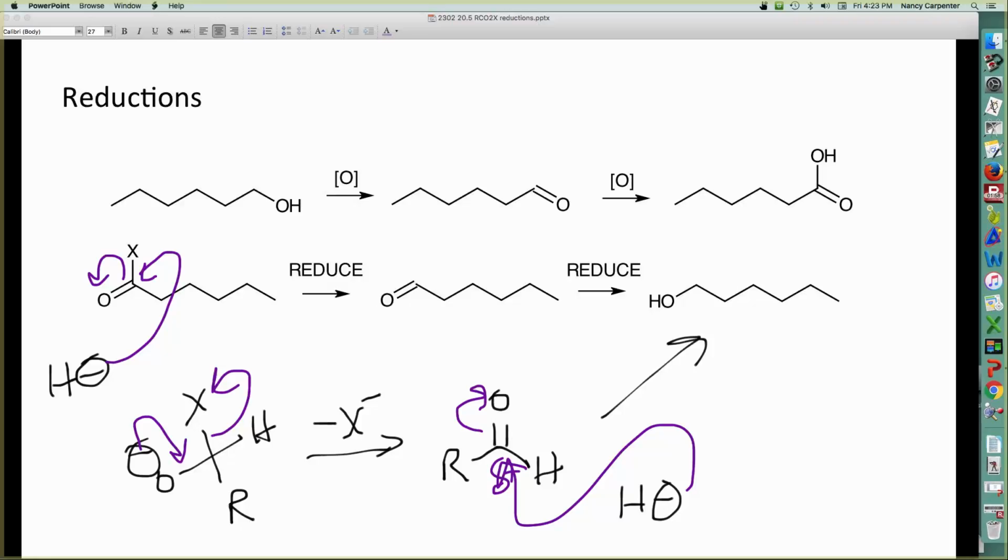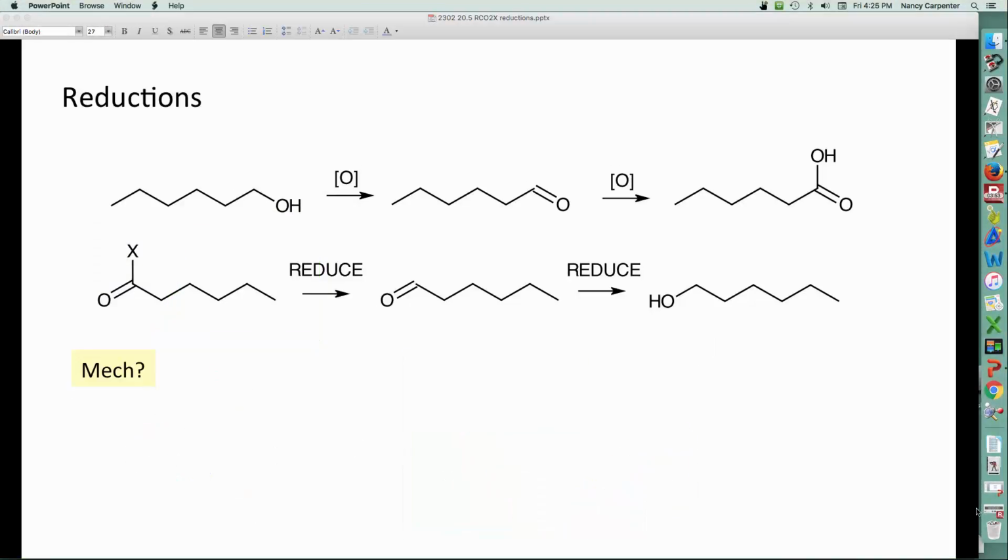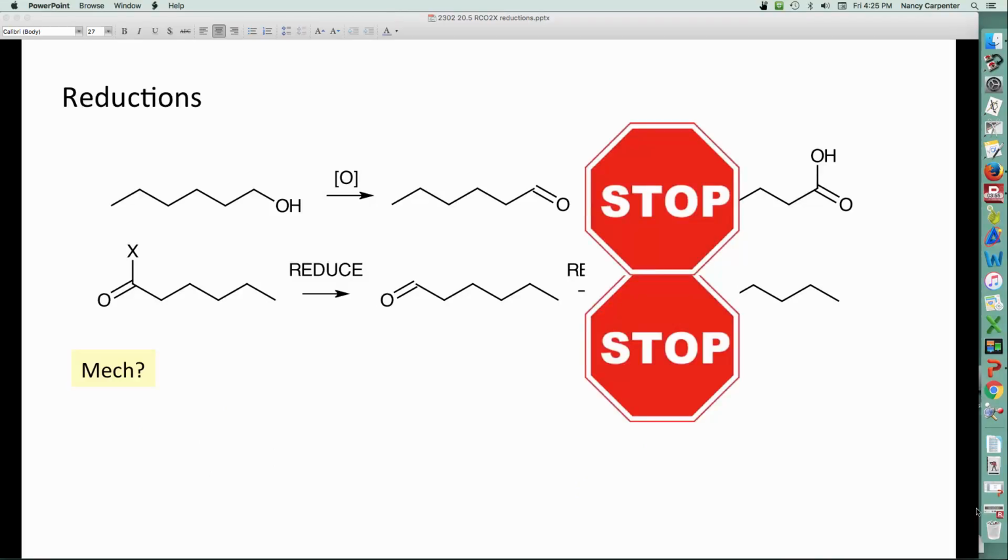Especially keep in mind that what you're looking at is all these molecules sitting in a sea of solvent with H- around. Where is H- going to go? Well, the aldehyde is more reactive than a carboxylic acid derivative, as we'll see in just a minute. So it's pretty much going to get reduced all the way down to the alcohol. So that was the mechanism.